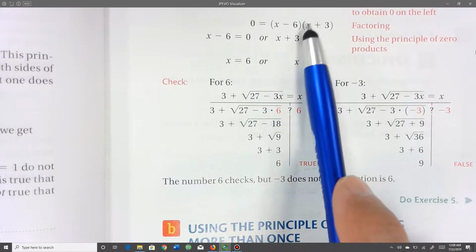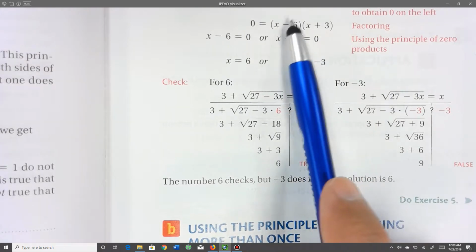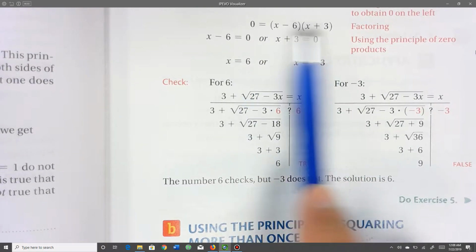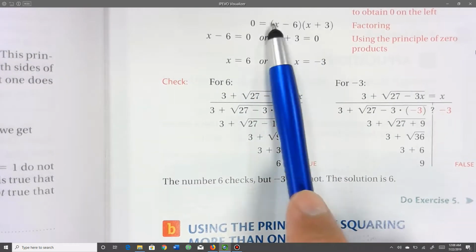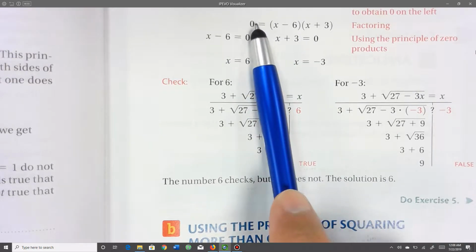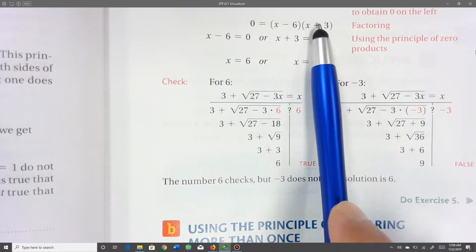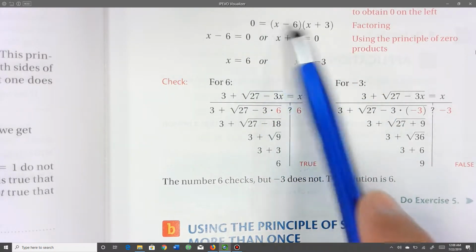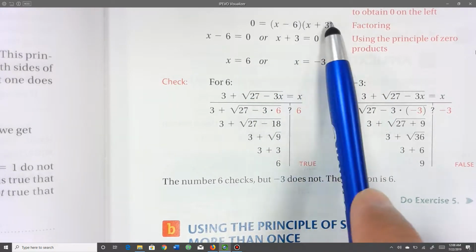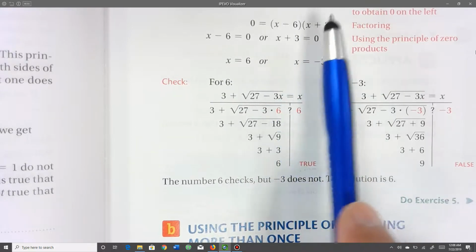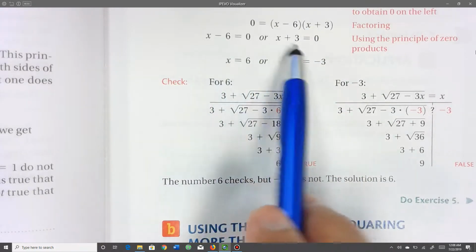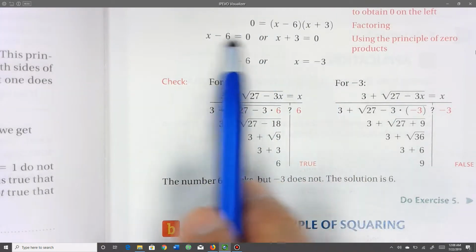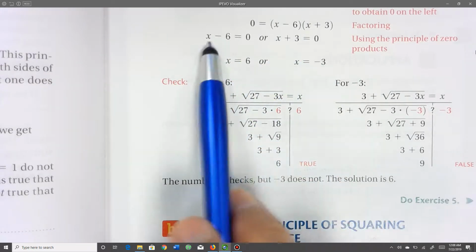Since the zero product rule tells us that if we multiply something times 0, we get an answer of 0, therefore either of these factors is 0, and then just solve for x separately.